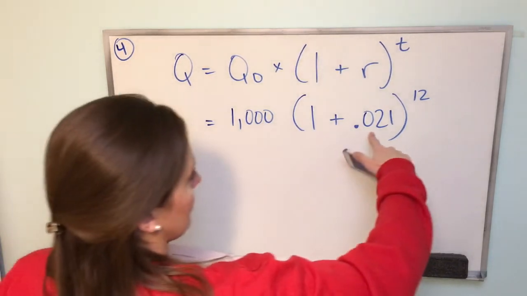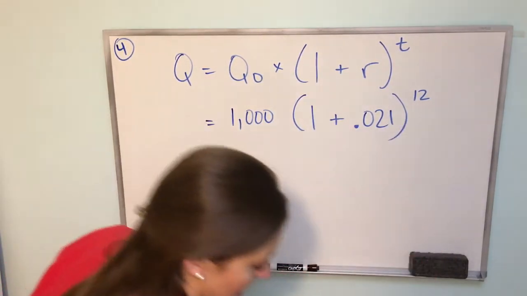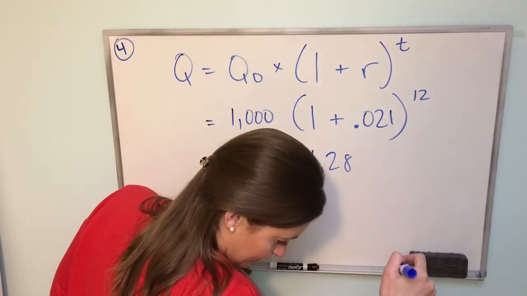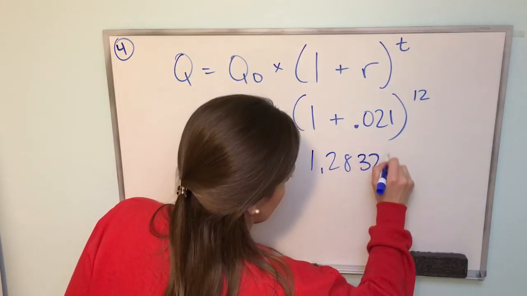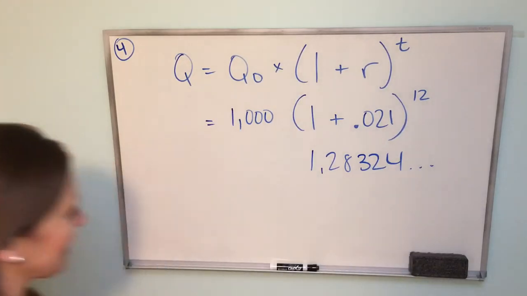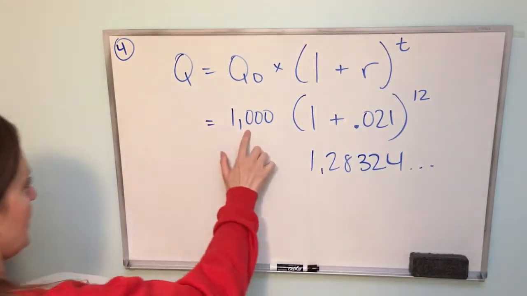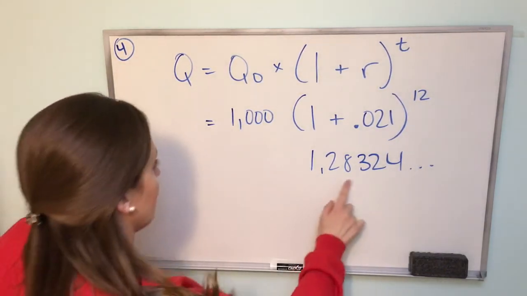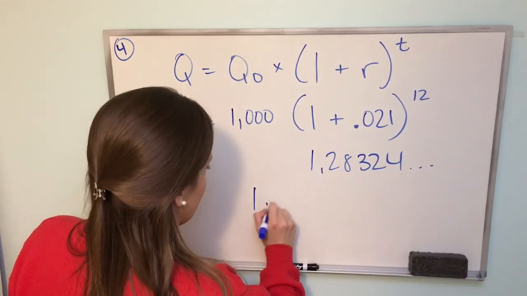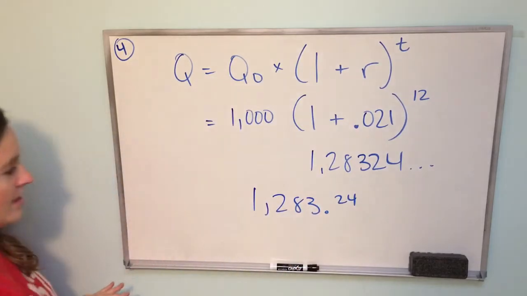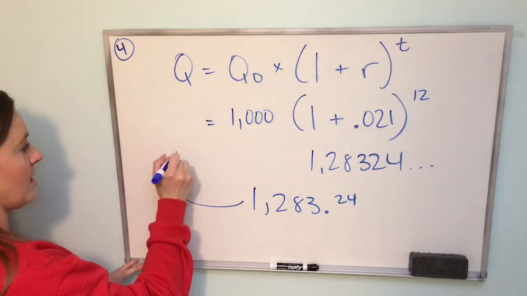So when I do this, and I raise it to the 12th power, I get 1.28324... I'm going to just leave the whole number in your calculator, though. There's no rounding. Now I have to take this number and multiply it by 1,000, so I'm going to do that too. So I get 1,000, I'm moving it over 3 decimal places essentially, $1,283.24. Okay, so that is my Q value.